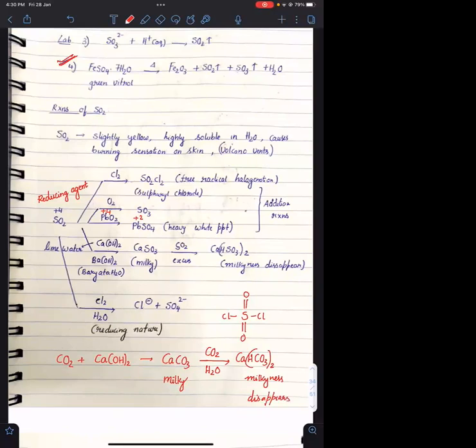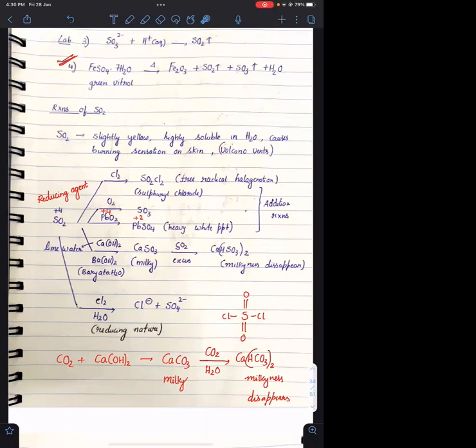Similar reaction also happens with SO2. Again, lime water, Ca(OH)2, is called lime water. If I'm passing SO2 through the lime water, initially it turns milky. On further reaction with SO2, it is converting into calcium bisulfite. Here calcium bicarbonate came, that is soluble, hence the milkiness disappeared.